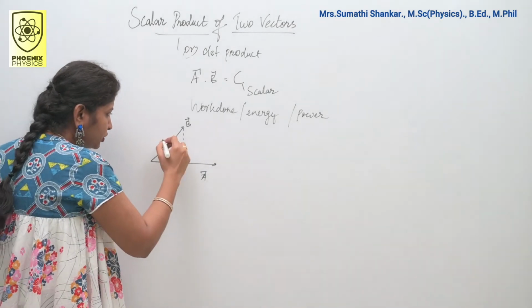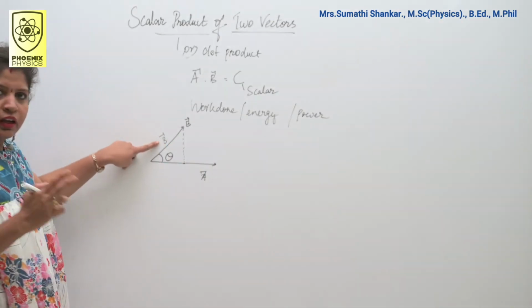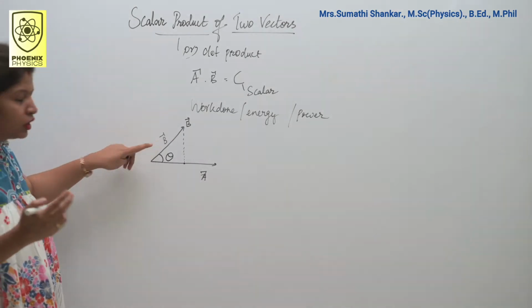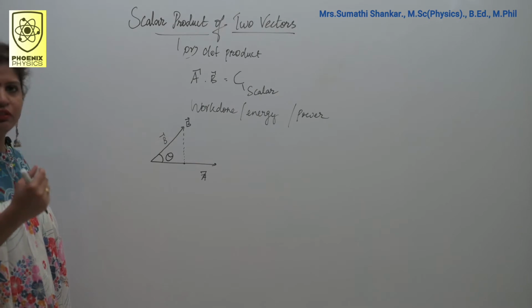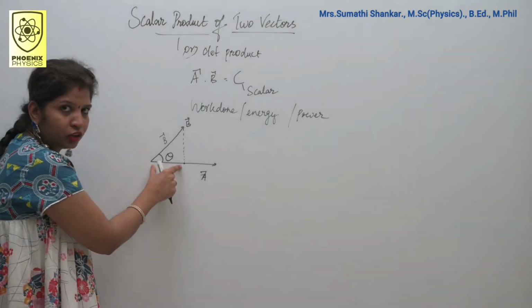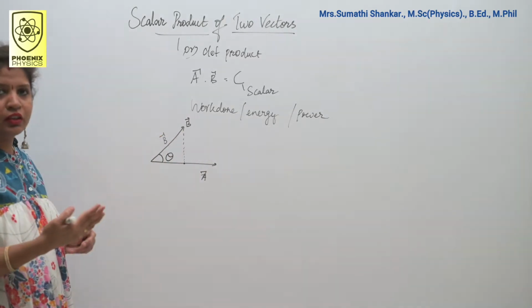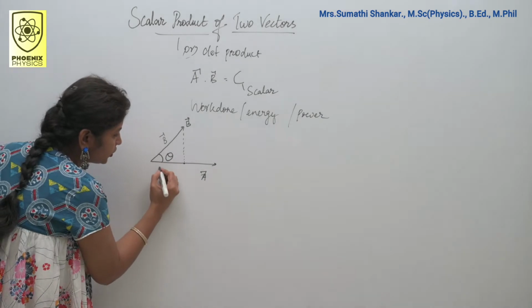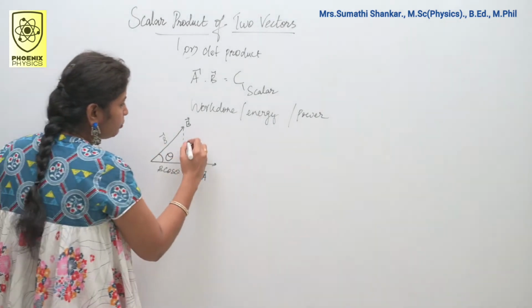So this is my B vector. You know that this B vector has two components, one horizontal component and another vertical component. So this side is the horizontal component and this side is the vertical component. Or we can say the adjacent side is B cos theta, the perpendicular side is B sin theta.